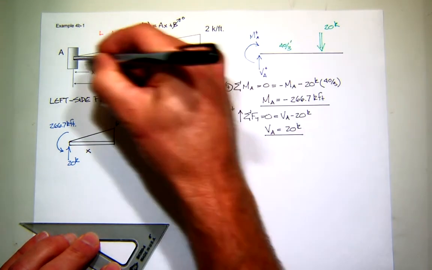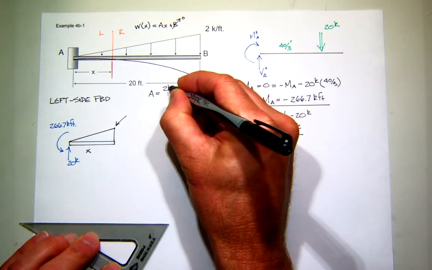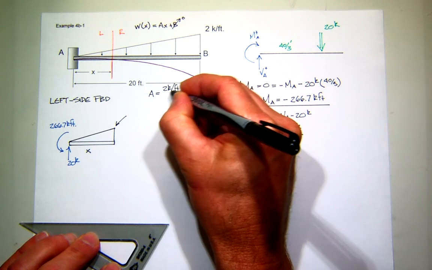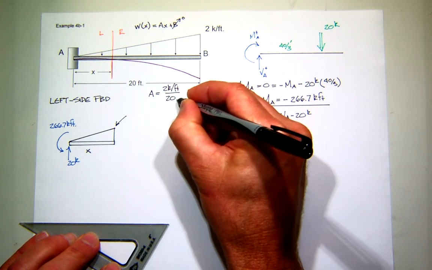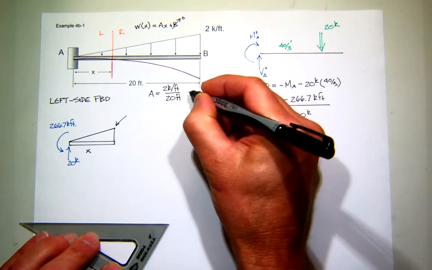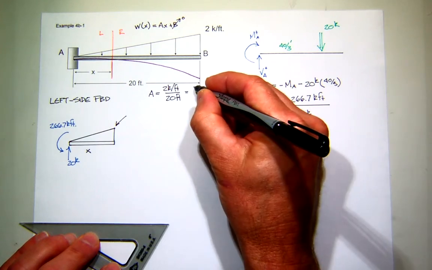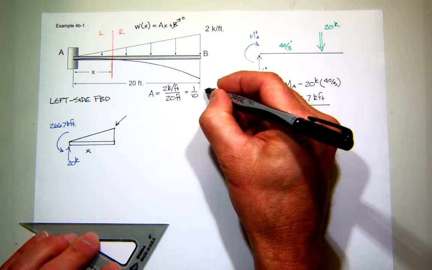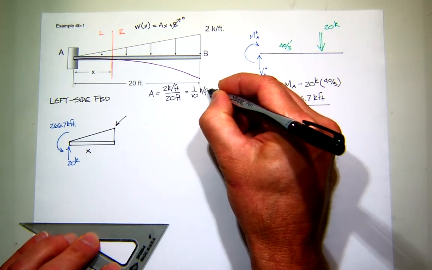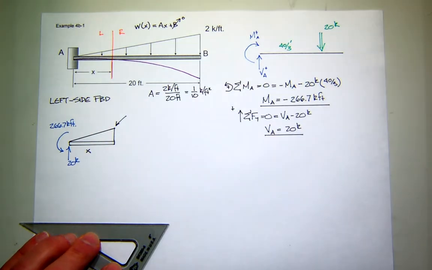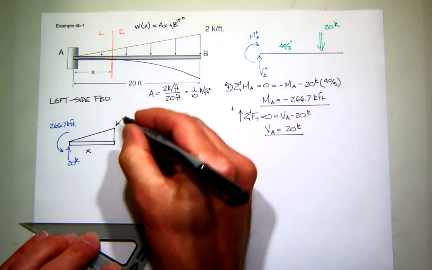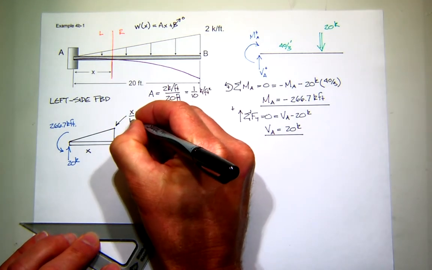And what is the slope of this line going to be? Rise over run. So that's 20 kips per foot over 10 feet. So you get a very strange unit. In this case, it would be 1/10, and it's going to have strange units. I'll just say kip feet squared right now, but it'll work out. So that means this is just going to be x over 10.